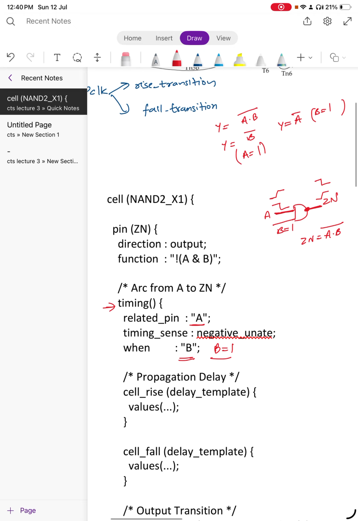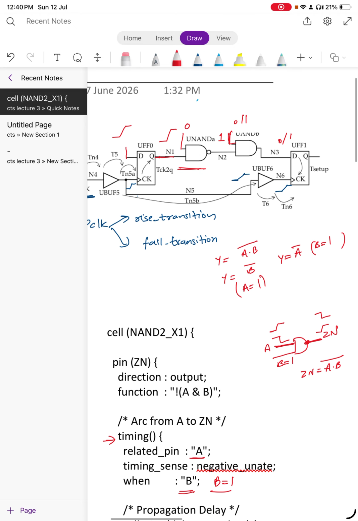So let's say if we consider a 0 over here, it will not be able to find the timing through this path because there is no such arc present from A to Z when B is 0.